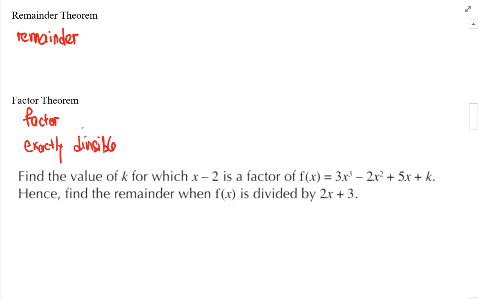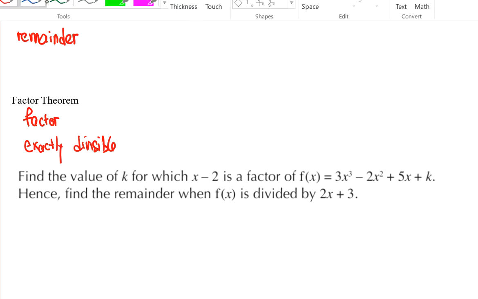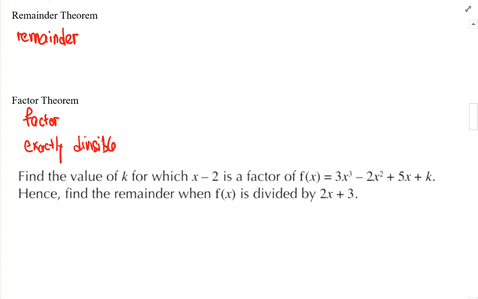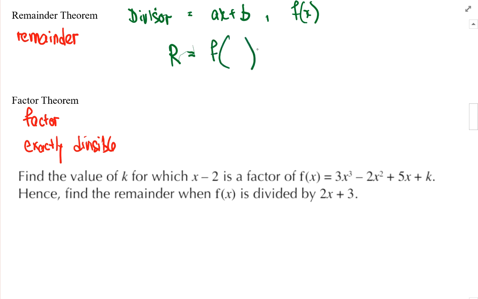Then how do we make use of remainder and factor theorem? So basically, if I have a divisor where the divisor is ax plus b, and if I have a polynomial equation f(x), this means that the remainder theorem will tell me that the remainder, in this case denoted by big capital R, will be equal to what value do you substitute inside?